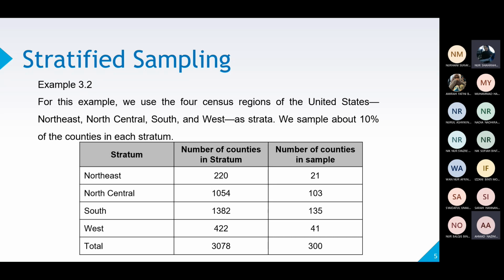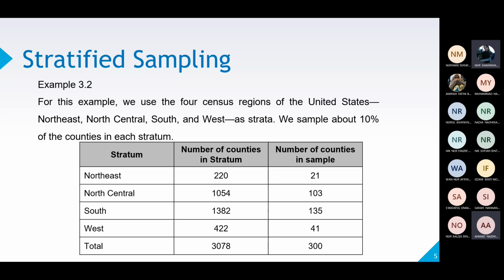So there is also a possibility that no sample from the northeast and west will be chosen in our sample if we use simple random sampling or systematic random sampling.